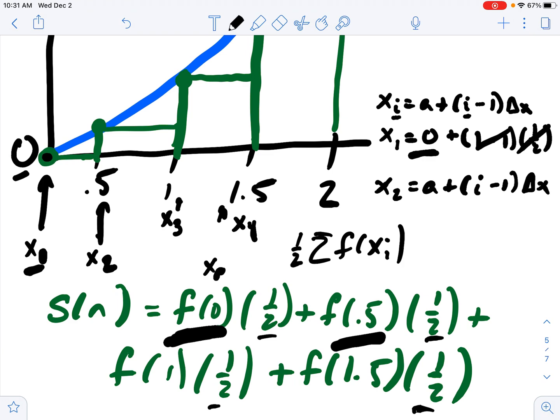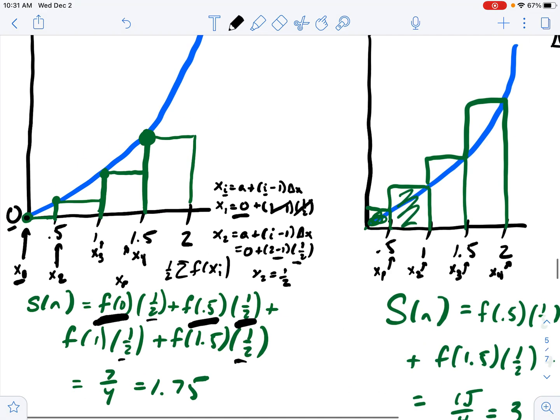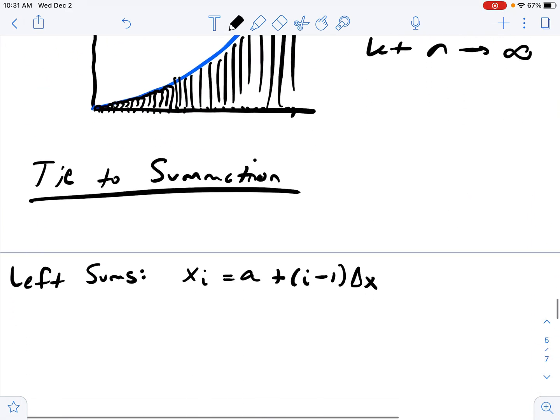So my second x value, a plus i minus 1 delta x, 0 plus, okay, now i is 2. 2 minus 1 times a half. That's 1 times a half is a half. 0 plus a half is a half. My second x value is 1/2. There it is. If I plug 3 in, I'd get 1. If I plug 4 in, I get 1.5, okay? So that formula gives you the x value that you need for left sums.